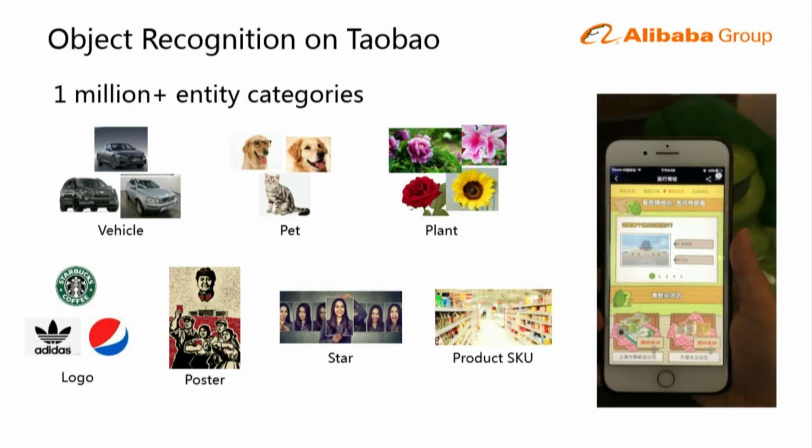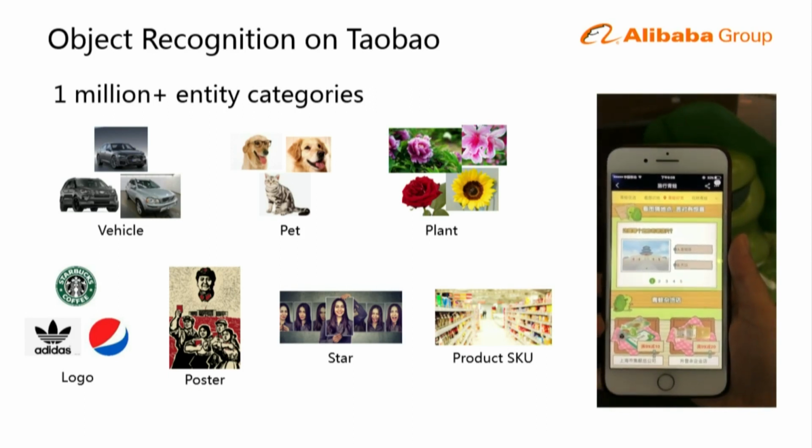We just noticed that we actually don't need to press the capture button. We simply move the camera in the preview mode, and the system can automatically do object recognition, also combined with the image search.